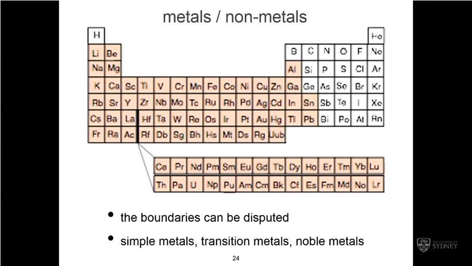And then you have the noble metals, which might be gold, silver, palladium, where you have filled d bands. These noble metals are regarded as being unreactive. So you think of your gold ring: it doesn't corrode or tarnish.